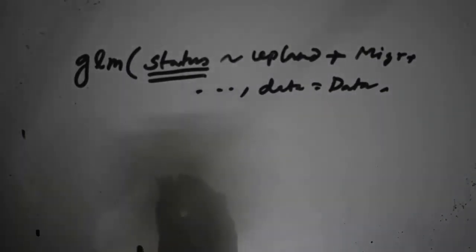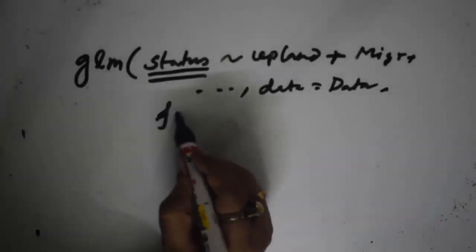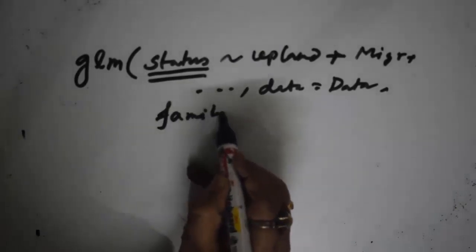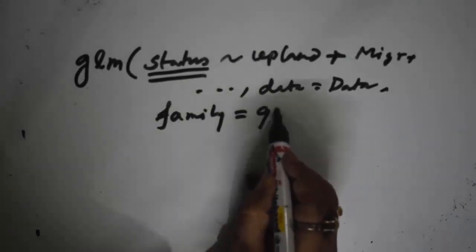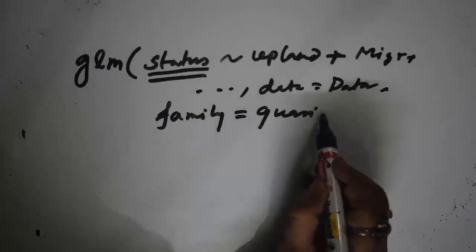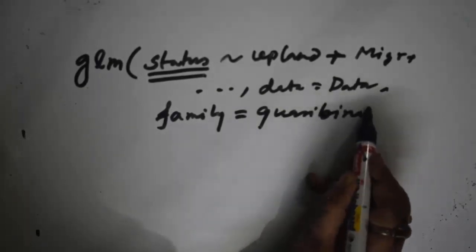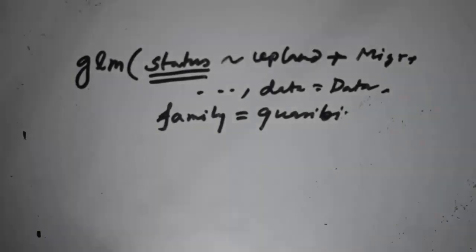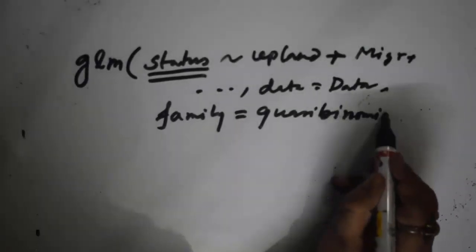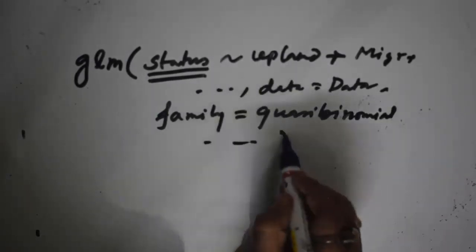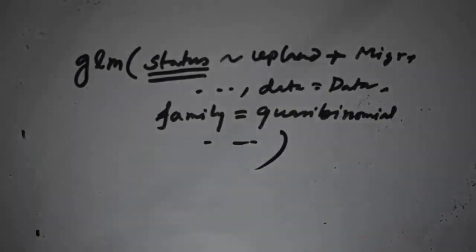And for family, you write quasibinomial instead of binomial, and other things are the same.